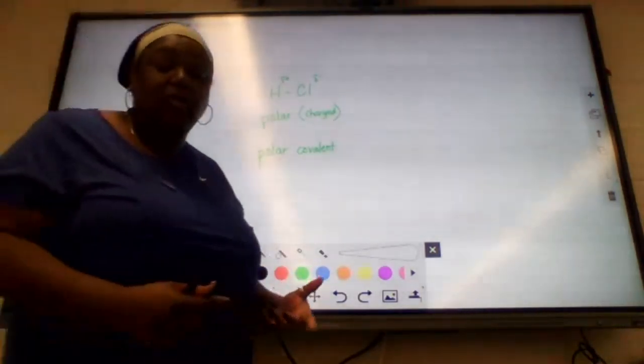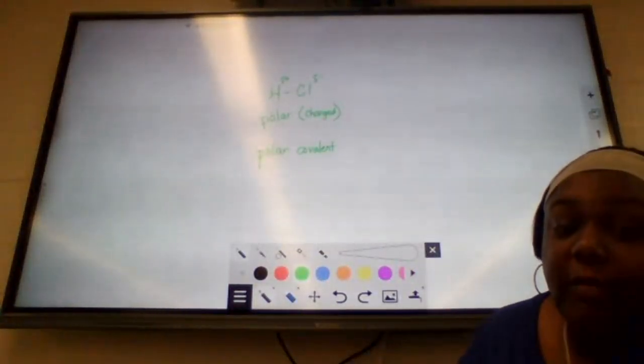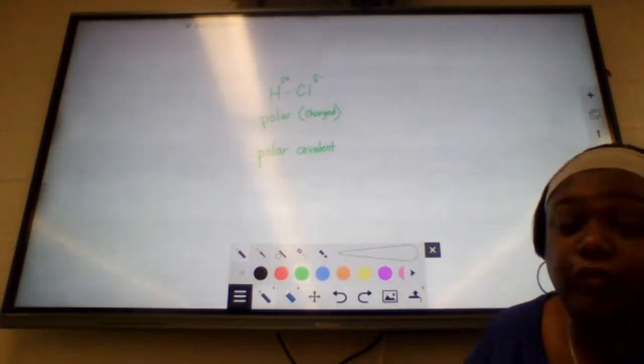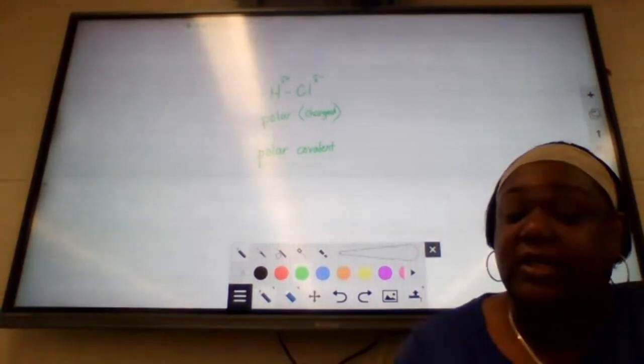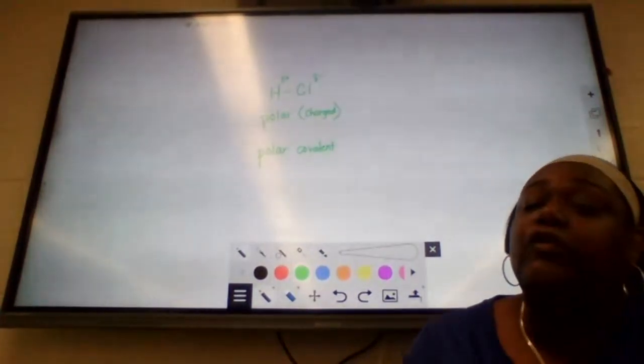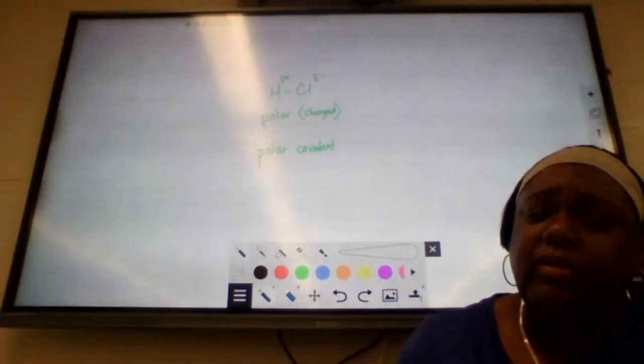When you have elements that are the same, as we had in the last example, then you'll have non-polar bonds because there'll be no partial charge. They will be sharing the electrons evenly, so there's no way for it to be partially charged at all.